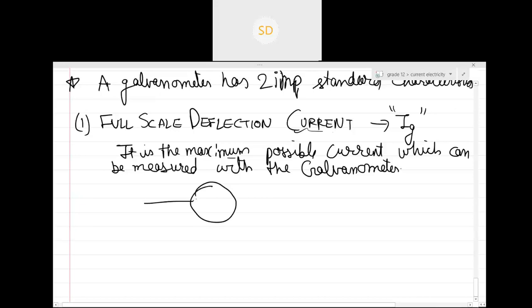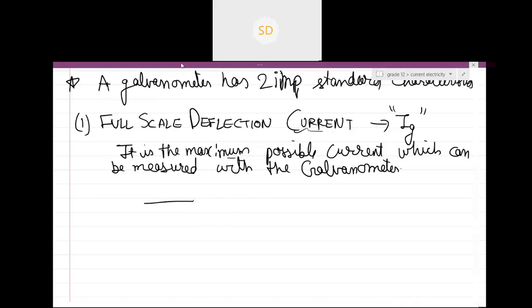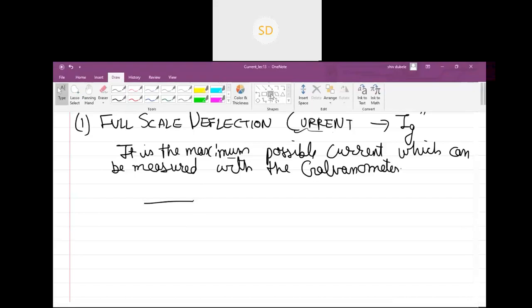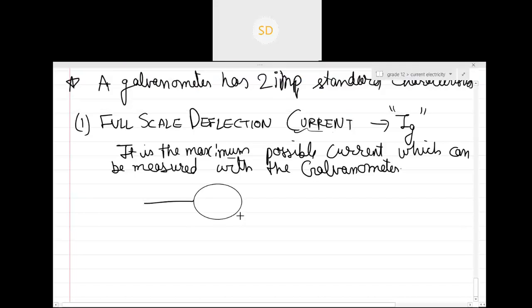Suppose this is a galvanometer and this is the scale, here is the 0 and here it is maximum.